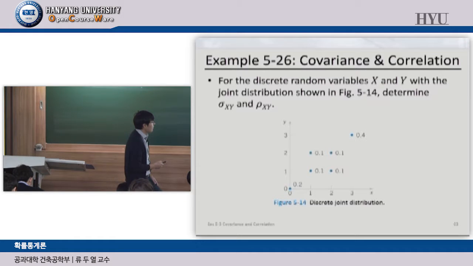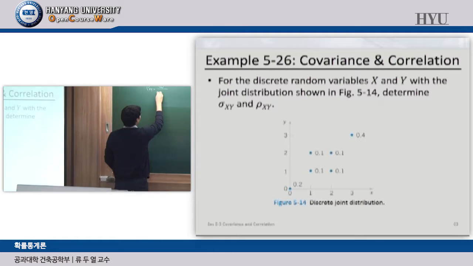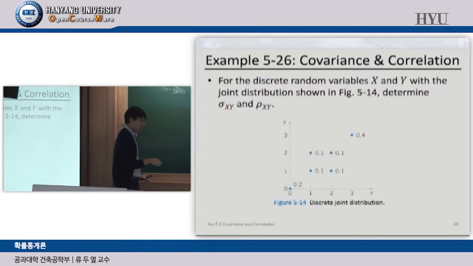In this case, determine the covariance and the correlation. And we have already calculated the covariance, so we are going to calculate only the correlation in this class. Based on the equation, rho xy is equal to sigma xy, this is the covariance, over root Vx times Vy, right?